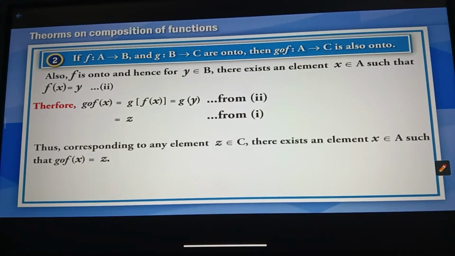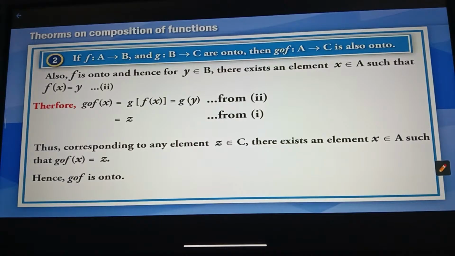Thus, corresponding to any arbitrary element z belonging to set C, there exists an element x belonging to set A such that g circle f of x is equal to z. Hence, the composition of f and g is onto.